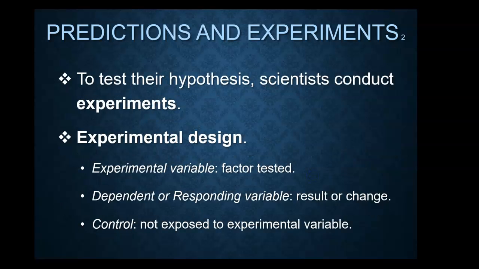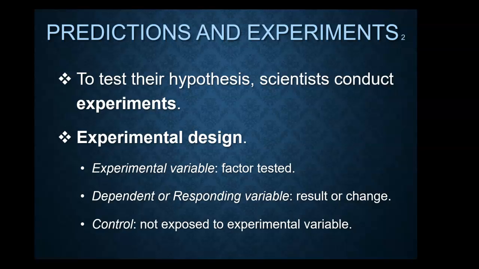So in order to test their hypothesis, when we conduct experiments, we use an experimental design. In that experimental design, you usually have a control group, you have an experimental variable, as well as a dependent or responding variable. The experimental variable is the actual factor that's being tested, okay?